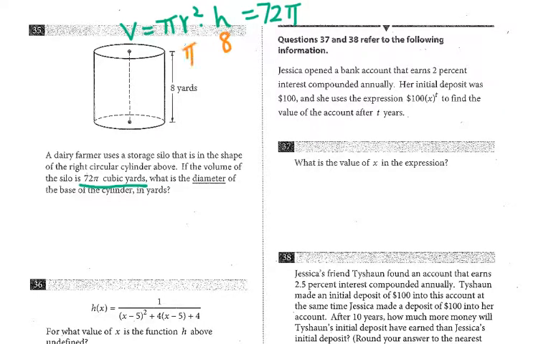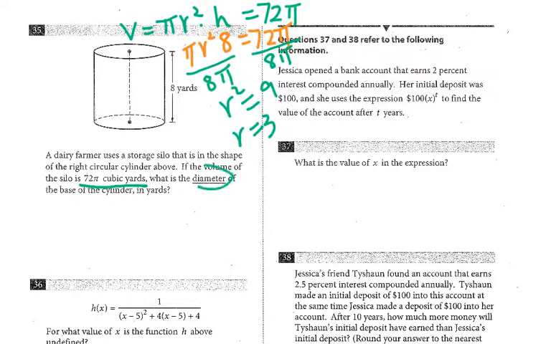So pi r squared times 8 equals 72 pi. Then you divide both sides by 8 pi. Then r squared equals 9. R equals 3. So the diameter will be D equals 2R equals 6.